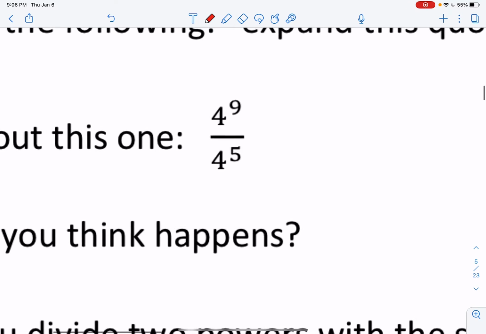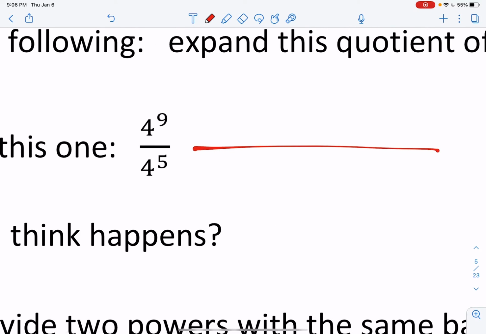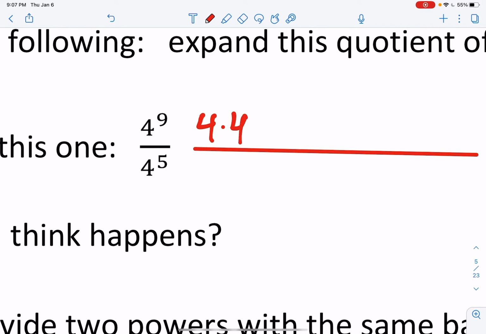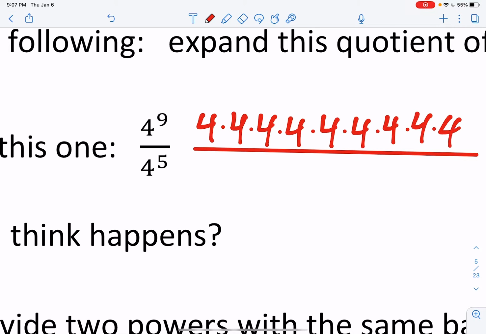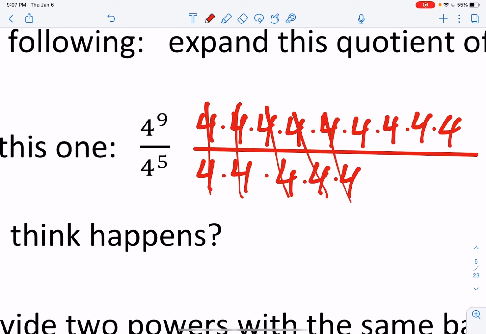Okay, same thing here. So I have 9 4s: 1, 2, 3, 4, 5, 6, 7, 8, 9. And I have 5 on the bottom: 2, 3, 4, 5. These cancel. I'm left with 4 on top.